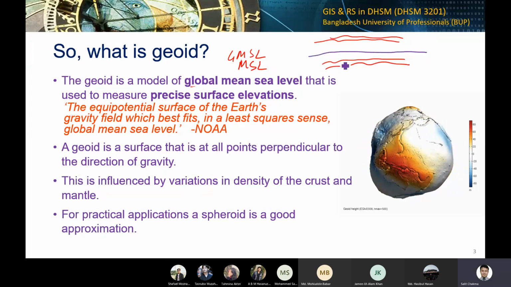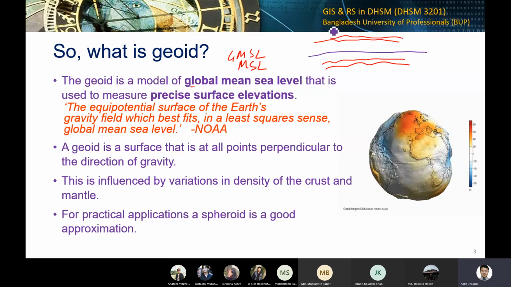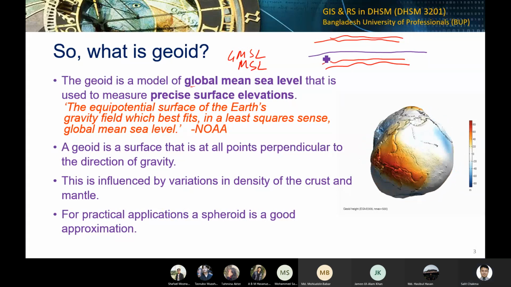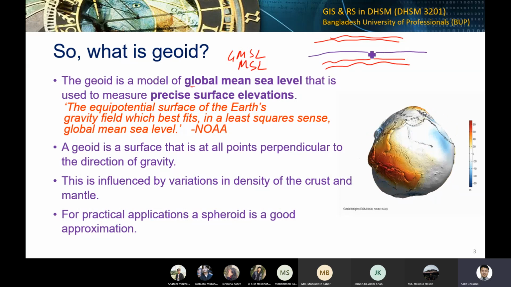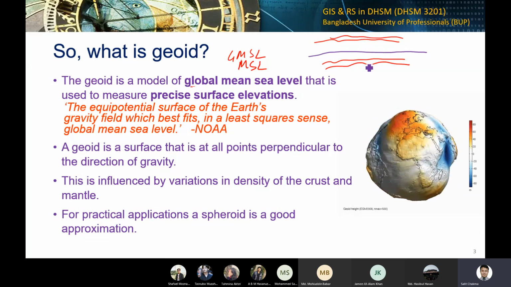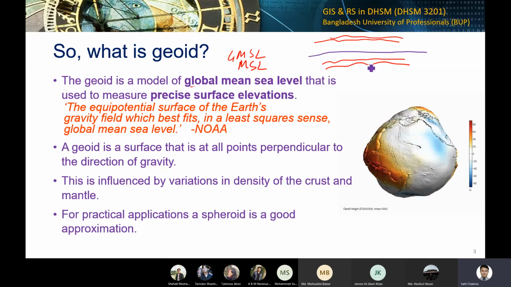All right, so we can conclude that this purple line represents in some way all the variations of the sea level.